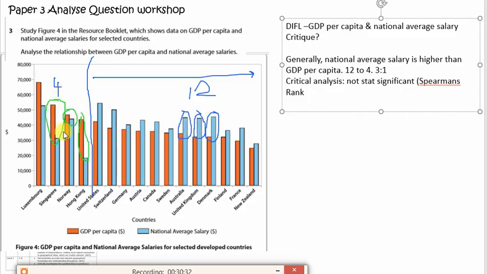The countries where GDP per capita is higher than national average salary, you've got 3, Luxembourg, Singapore and Hong Kong, where there's a big difference. Again, you can do a bit of maths and work out the percentage difference, couldn't you, for instance? All right then. So we've done the descriptive bit.